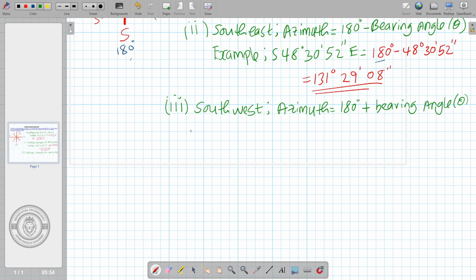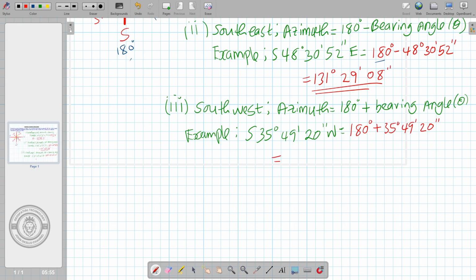So as an example, if we have a bearing of S 35 degrees, 49 minutes, and 20 seconds W, this is equivalent to 180 degrees plus 35 degrees, 49 minutes and 20 seconds.